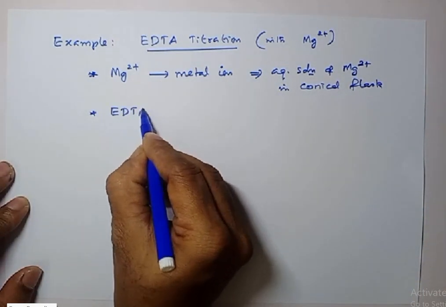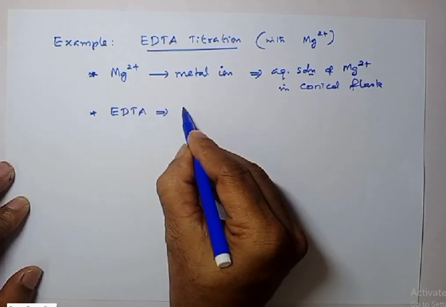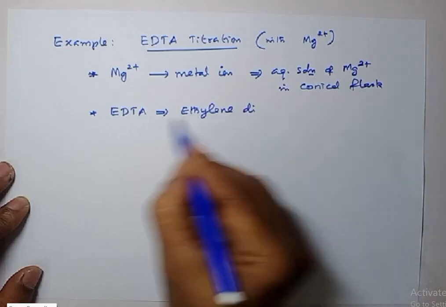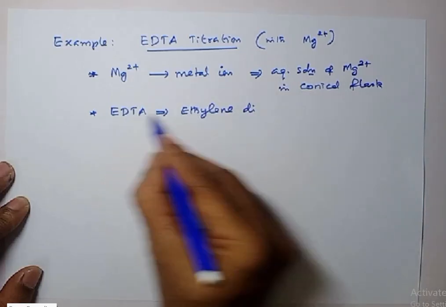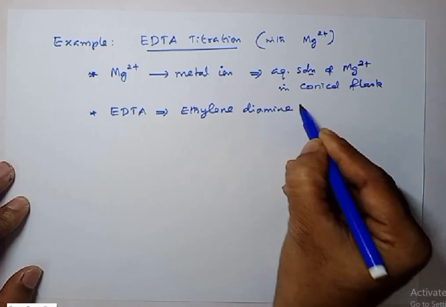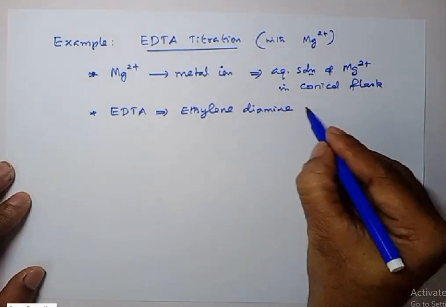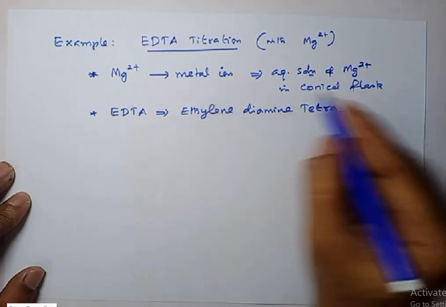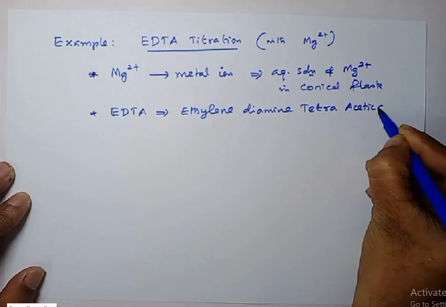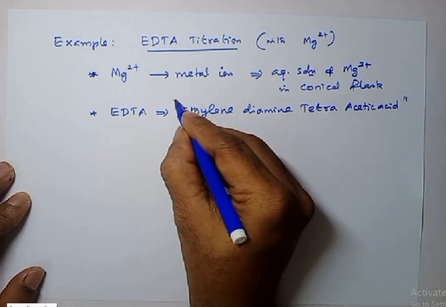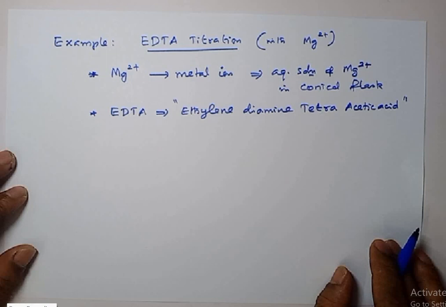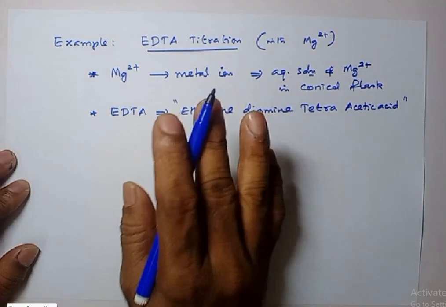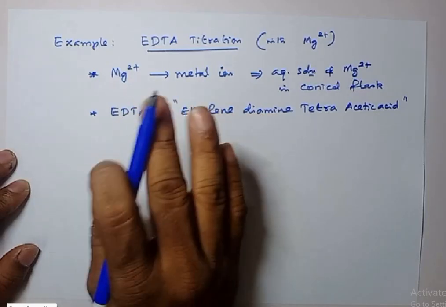What is EDTA? EDTA is ethylene diamine tetraacetic acid: E for ethylene, D for diamine, T means tetra here, and A represents acetic acid. We use EDTA as titrant, but we are not using EDTA as such.